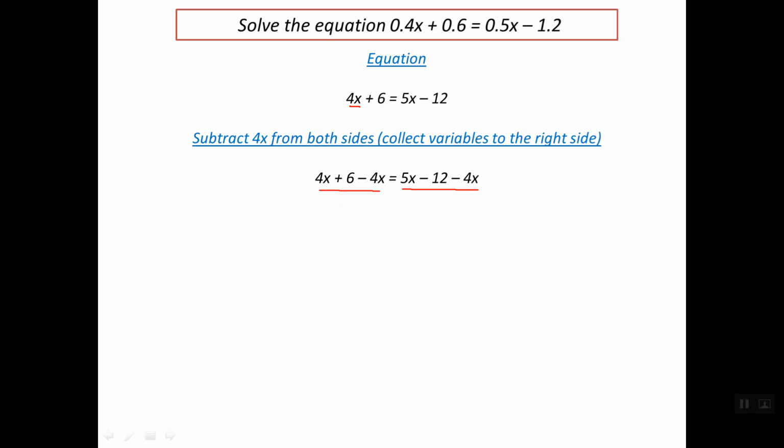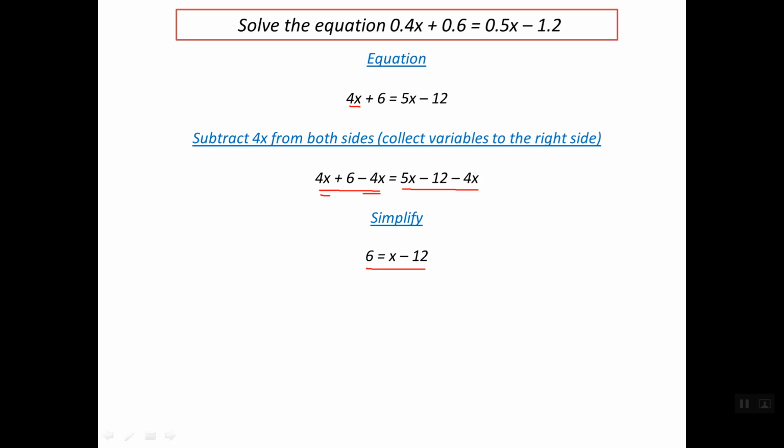Regarding the left side, the 4x cancels with minus 4x. The remaining is the constant 6. And for the right side, we have 5x minus 4x, which is 1x minus 12. So 6 is equal to x minus 12.